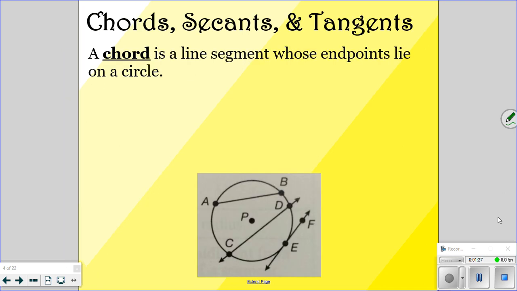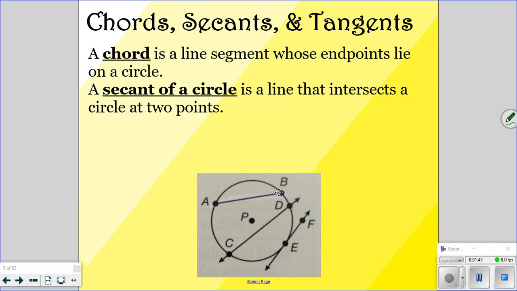So a chord is a line segment whose endpoints lie on a circle. So the chord would be AB. It has endpoints that are on the circle. So here's your chord. A secant is a line that intersects at 2 points.